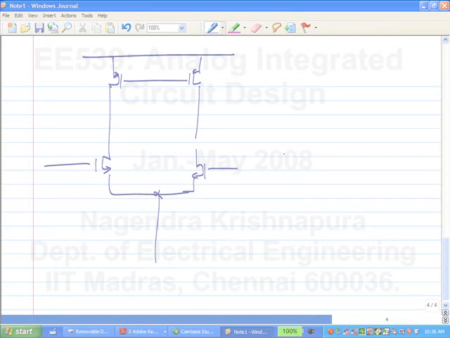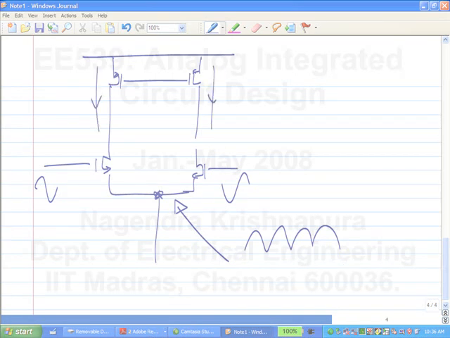If you apply a differential swing here, what will the swing here be? I mean, differential large signal swing. It will be a rectified version, right? It will be at twice the frequency. That will induce common mode currents at twice the frequency. So if you want to suppress this, then you need a common mode feedback whose bandwidth is nearly twice the bandwidth of the differential signal that you are interested in.